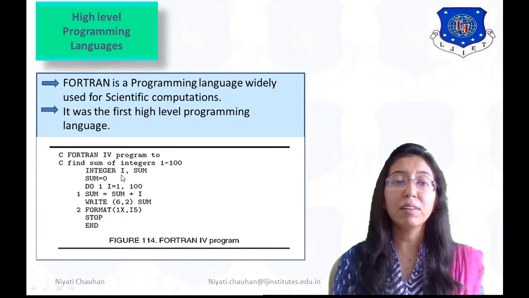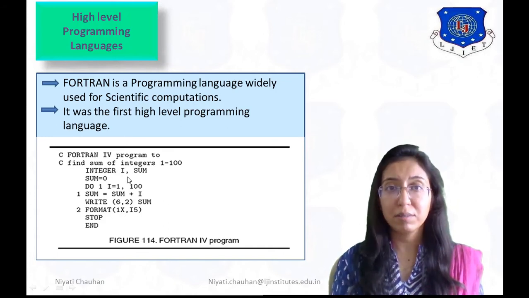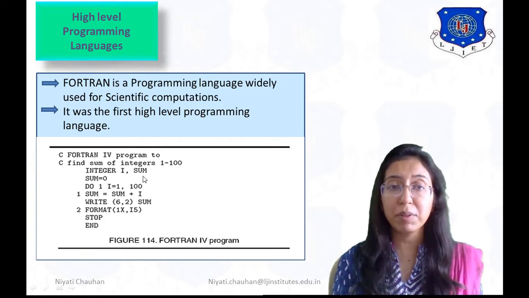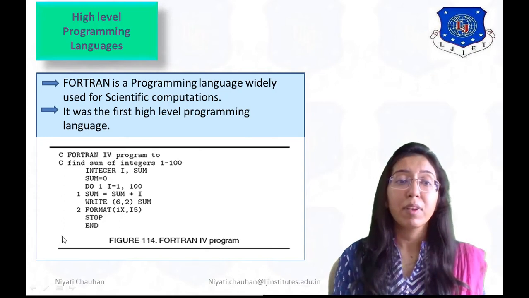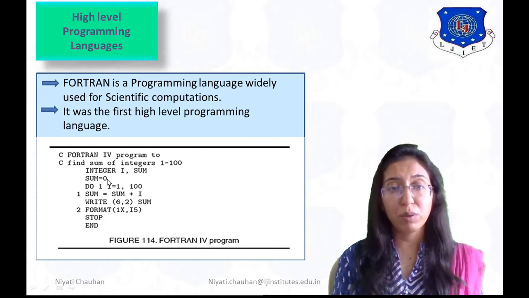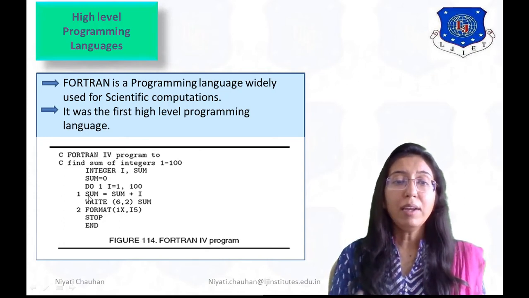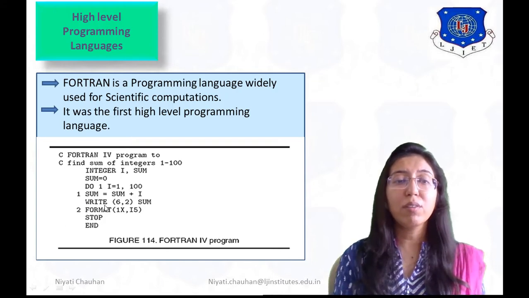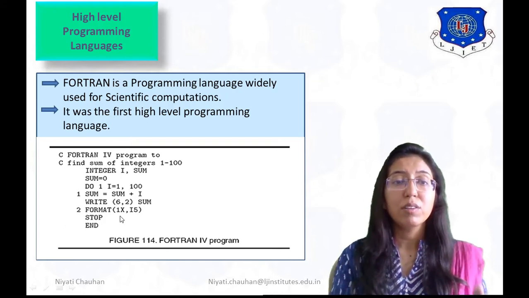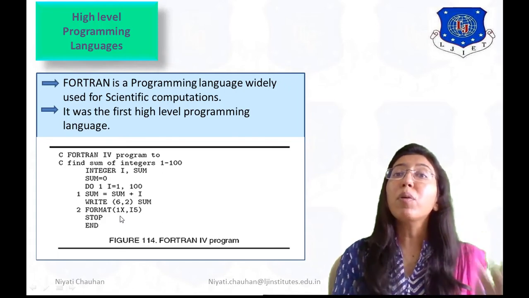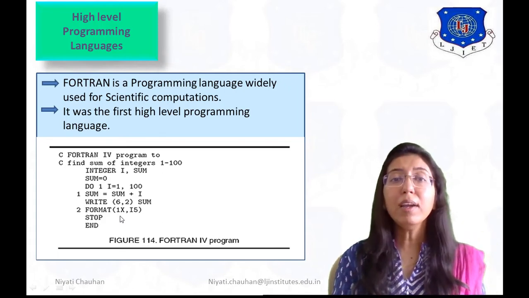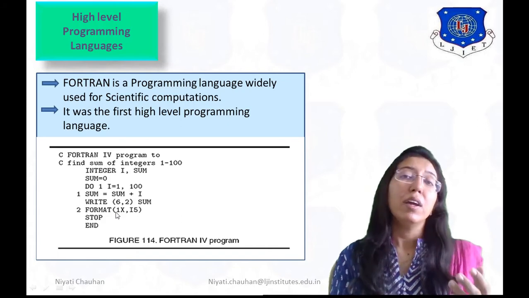Here integer I is taken, then we want to do summation, so write sum, then sum is equal to 0. Then you can see the logic was applied. By this method they have completed the program using Fortran language.